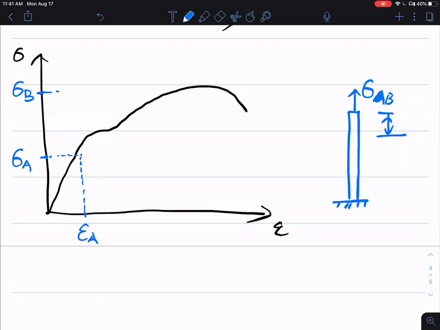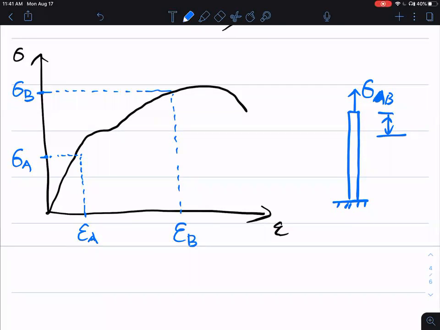That's just reading from the diagram. Find the corresponding strain, right? You can use the equations to find out the change of length if you want to. But that's epsilon B, which tells us how much deformation occurs under this load sigma B, which is plastic deformation.